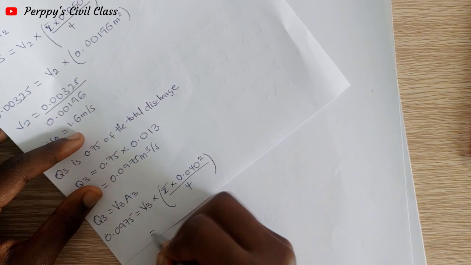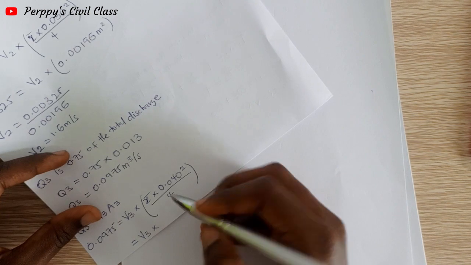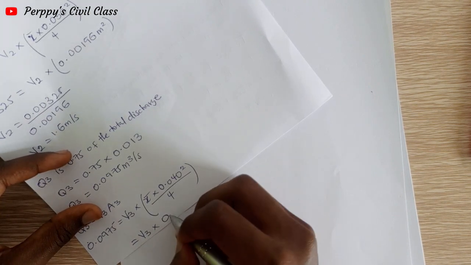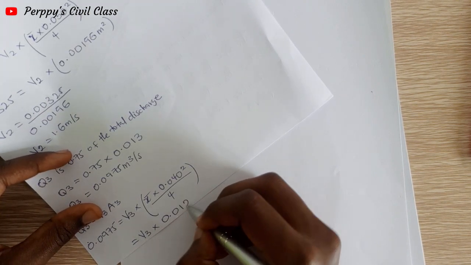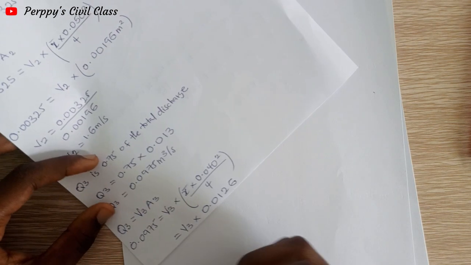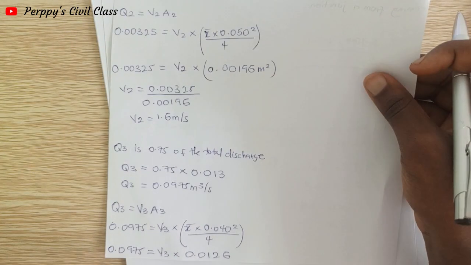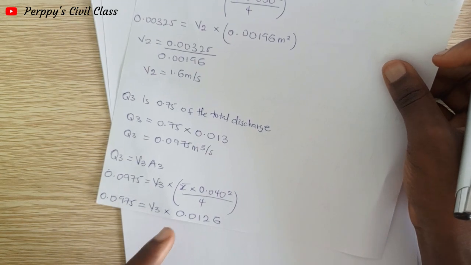We're going to have V3 times this expression, which will give us 0.00126. Then 0.00975.